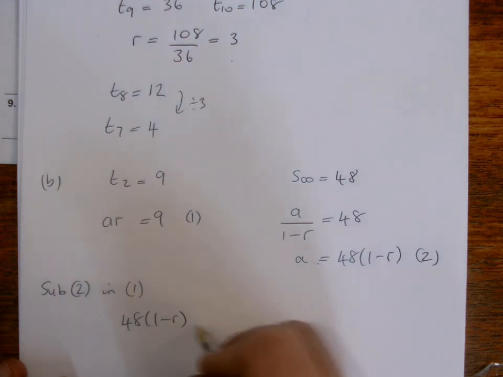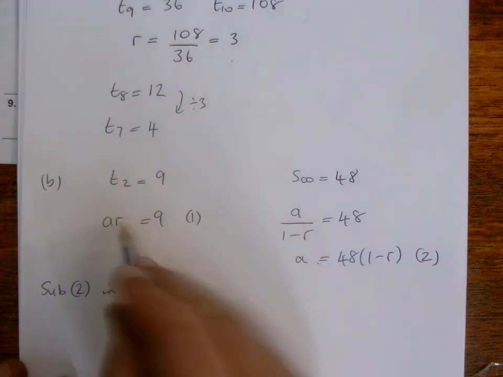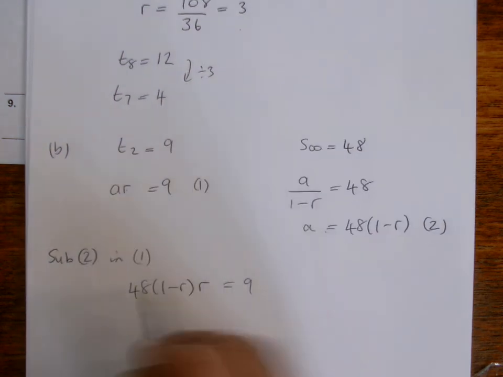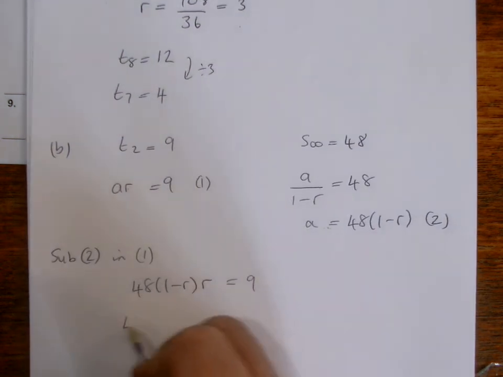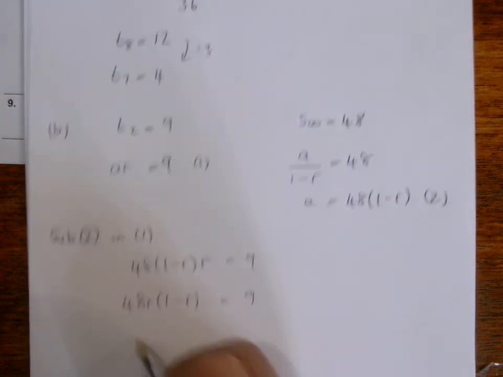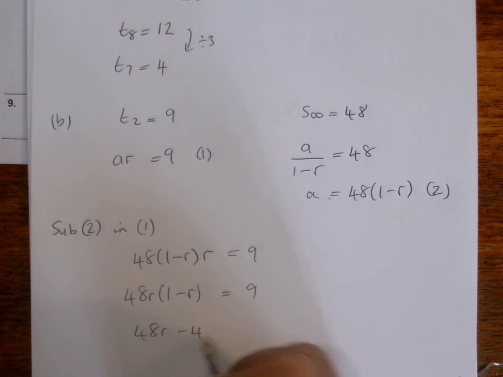So 48 times 1 minus r is a, times by r, and that equals 9. Before I expand this, it might be good to write that r at the front. So you get 48r take away 48r squared is equal to 9.